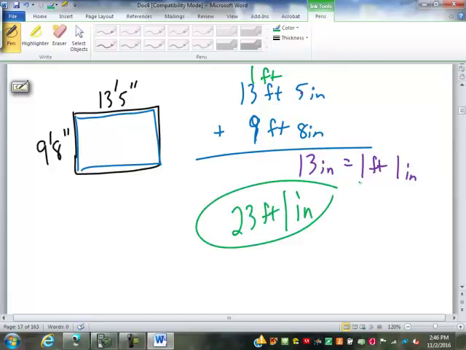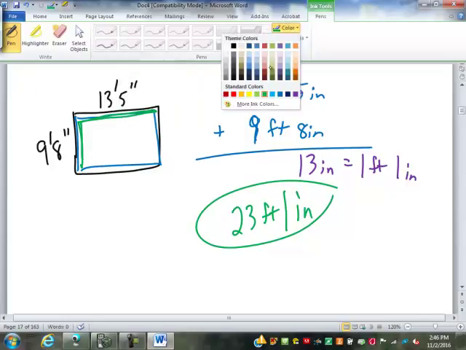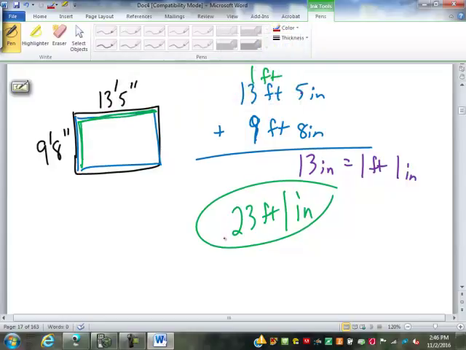So is that my answer? 23 feet, 1 inch? Does that go all the way around? No, that goes from here to here, doesn't it? To get the full length of baseboard to go around that room, I have to take that still times 2.